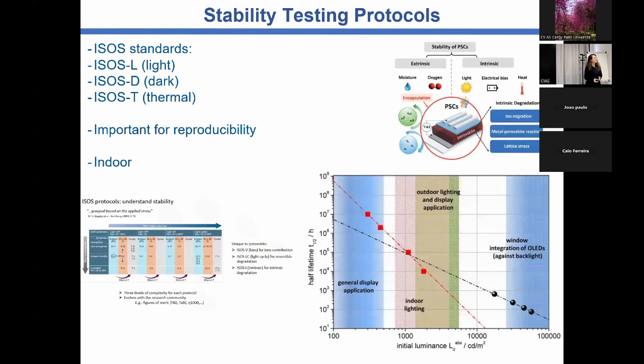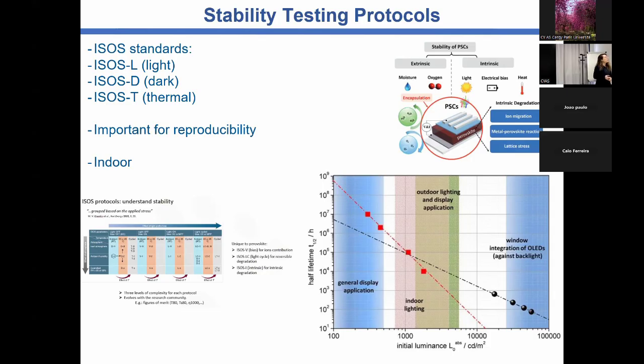As I said, the stability testing protocols to compare different materials are this one. So we have one protocol for solar cells that has been published a long time ago, but its application is for one sun.